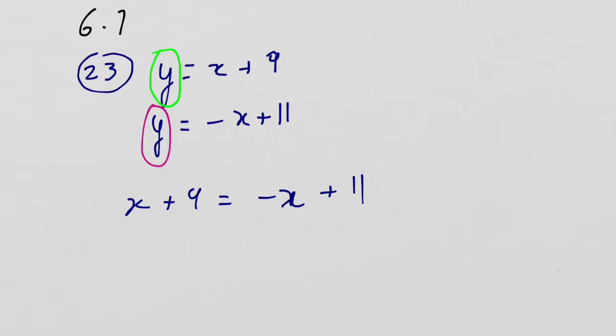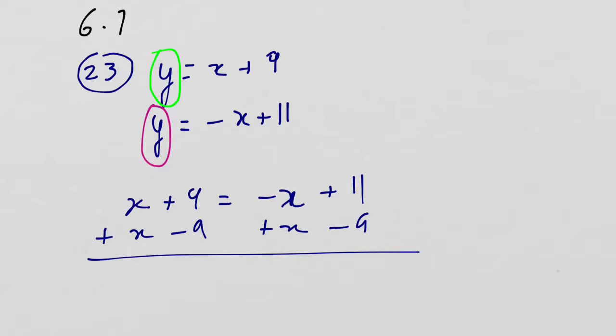So if I isolate x everywhere, and subtract 9 like this, now I have on one side only the variable and on the other side a non-variable, because right there the x disappears and right there the 9 disappears. I end up with 2x equals 2, and so x equals 1.